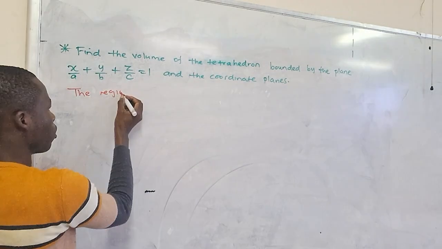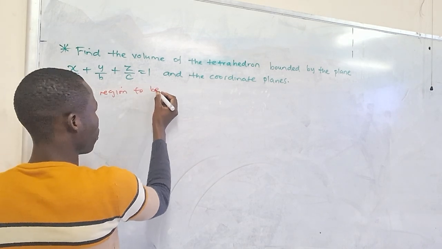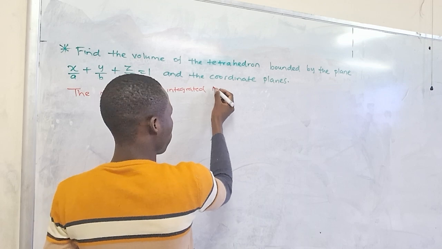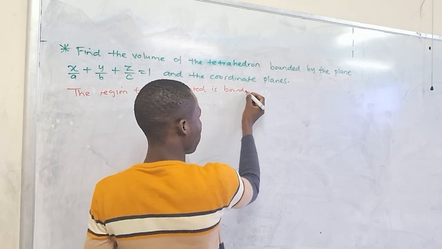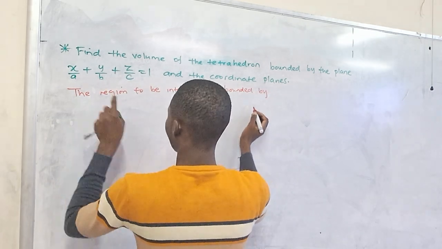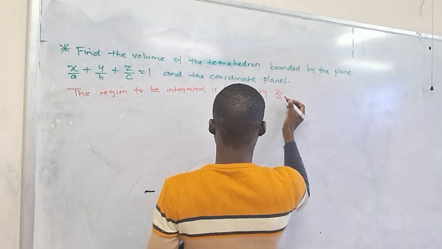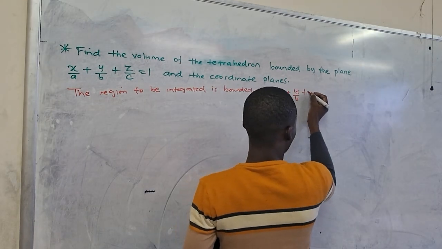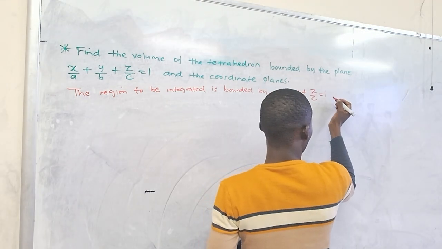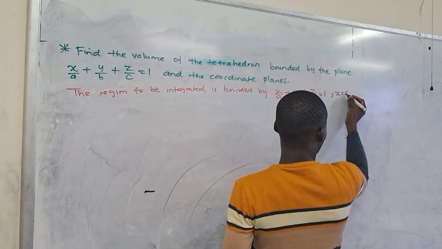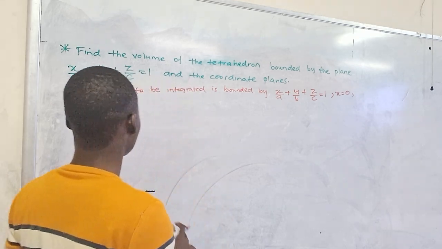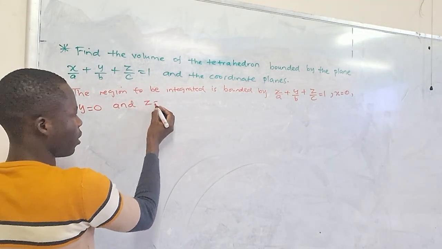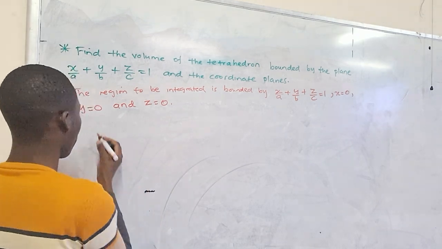If the tetrahedron is bounded by this and this, it simply means that the region to be integrated is bounded by x by a plus y by b plus z by c is equal to 1, then x is equal to 0, y is equal to 0, and z is equal to 0.